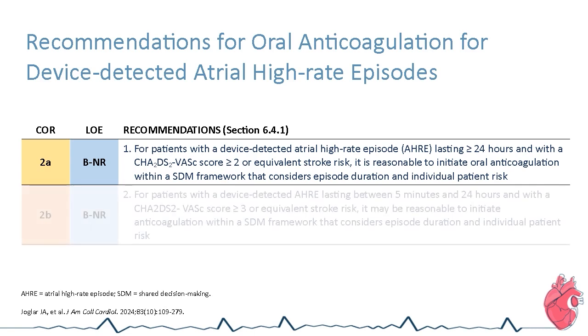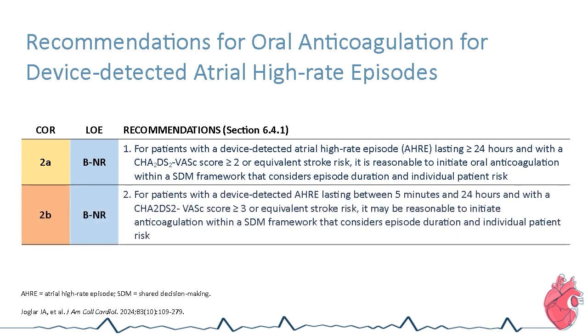The second recommendation for patients with device-detected atrial high-rate episodes, it may be reasonable to initiate anticoagulation. These episodes last maybe 5 minutes to 24 hours and a CHA2DS2-VASc score of greater than 3.